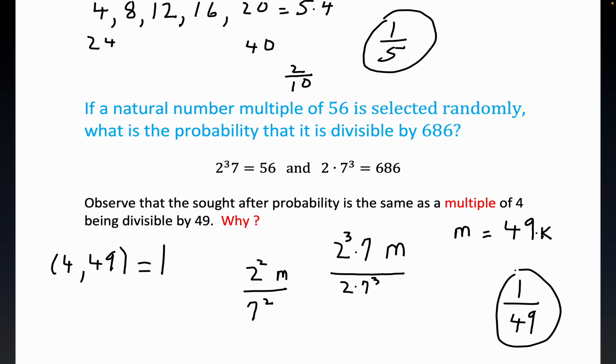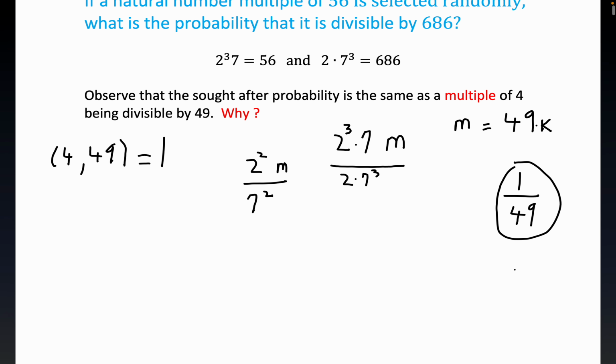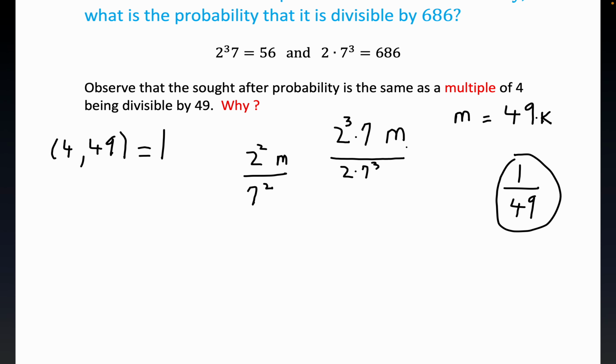And just an idea of it, if you don't believe this, for the very next multiple, you would have to have 2 cubed times 7, and then m would have to be equal to 7 squared.